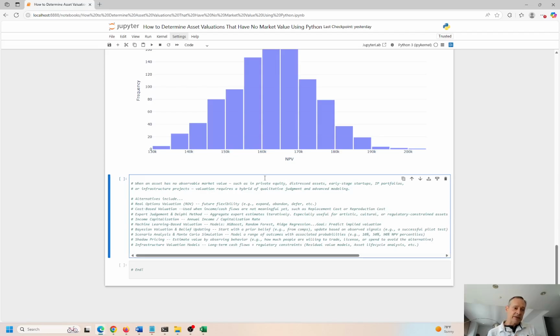And, like I said, maybe rare artwork. Again, there are no cash flows for the art, so that's a little bit different scenario, but there are ways to value the artwork too. So basically, the real world implications here are real options value, cost-based valuation.